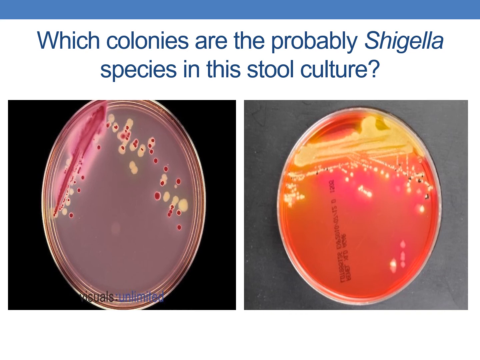If you take a look at the XLD plate on the right, you can see yellow colonies. Well, our yellow colonies are lactose and sucrose fermenters, so that is not Shigella, but you can also see the clear red colonies. Those clear red colonies are the ones that are likely to be Shigella because they are lactose sucrose negative.